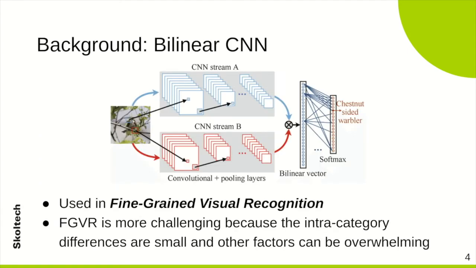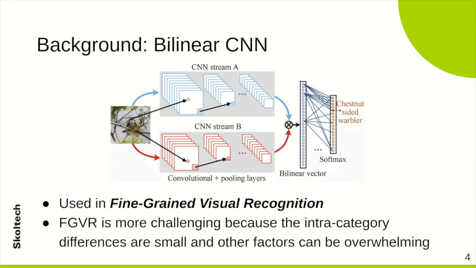Fine-grained visual recognition is a computer vision task more challenging than generic object recognition because the intra-category differences are small and can be overwhelmed by factors like pose, visualization perspective, or localization of the object in the image. For example, some bird species are differentiated only by their beak pattern.